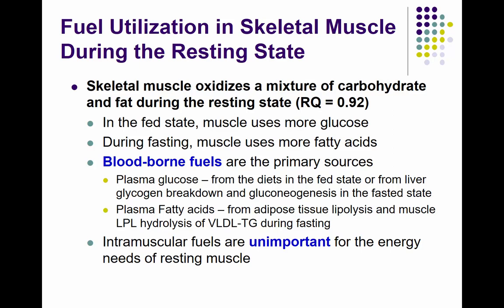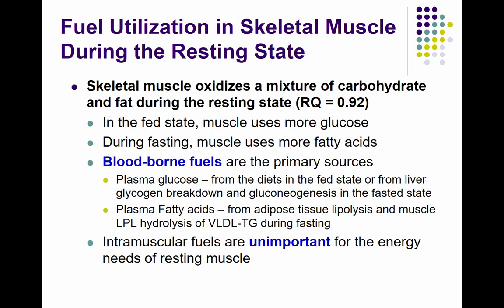So now let's go back to talk about fuel utilization in skeletal muscle during the resting state. I think we mentioned this before, when we talked about fuel utilization in response to food intake. Fuel utilization can be different between resting state and exercise. In the resting fed state, most of the energy fuel utilized by muscle is glucose.